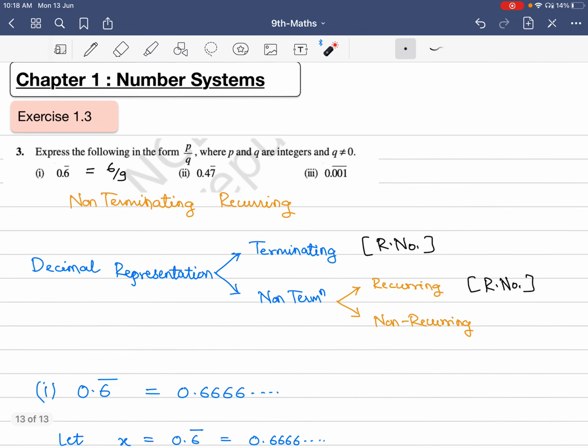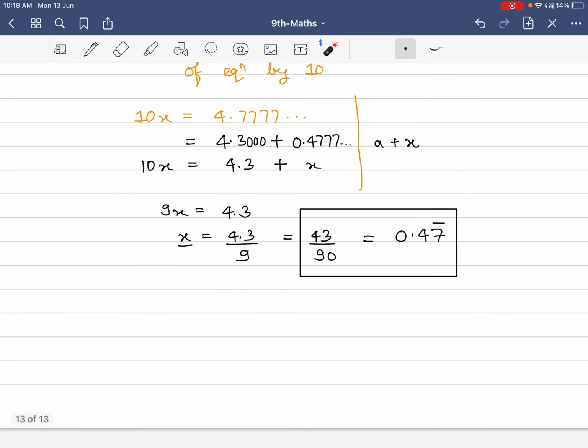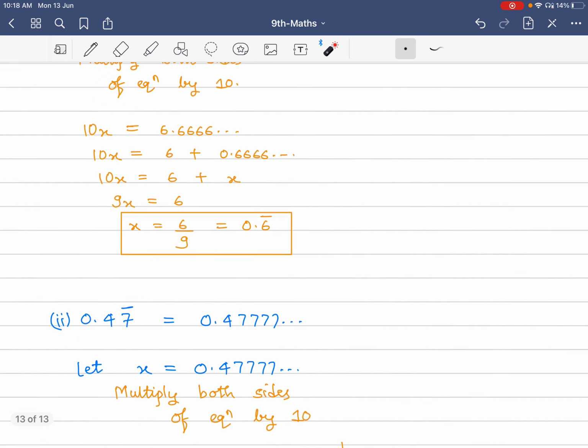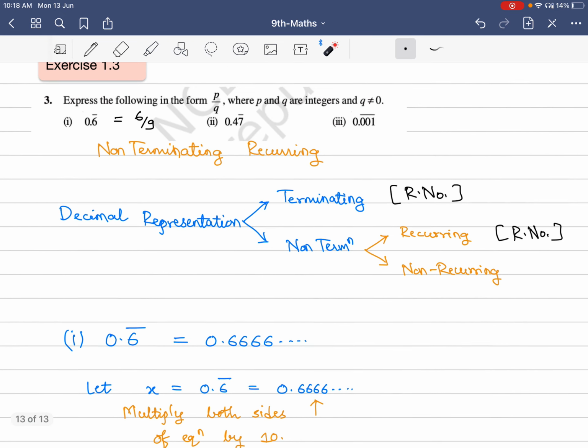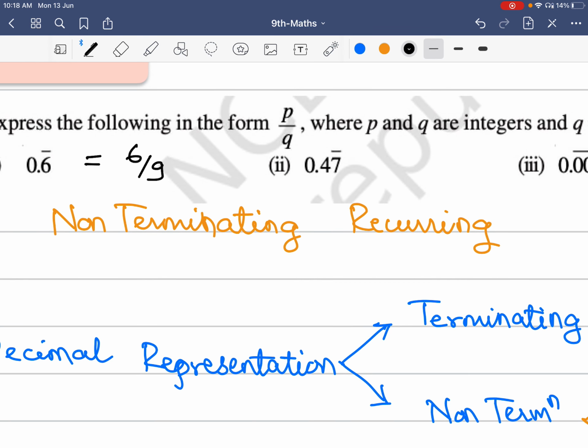Let's continue with our last question, 0.001 bar. We don't have space, let's go to a new page. Before that, let's write the answer here. This is equal to 43 by 90.